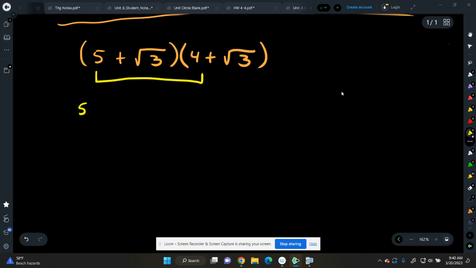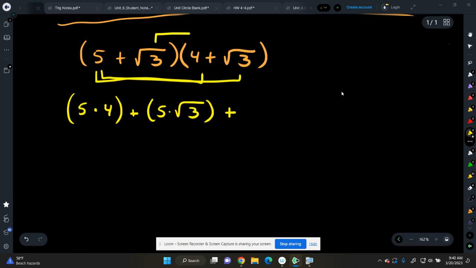Right. I'm going to write it out so that we can all see what happened. Right. 5 times 4 plus 5 times the square root of 3 plus, okay, we'll do the next one.